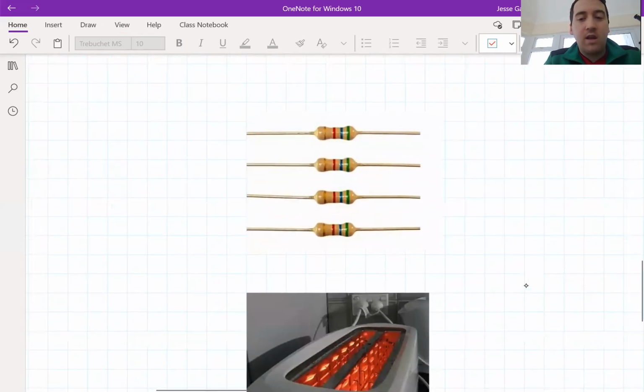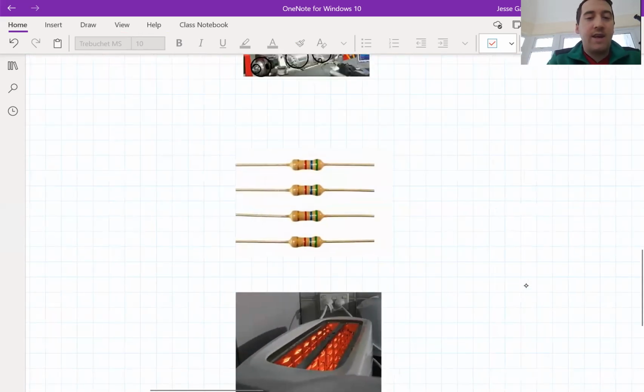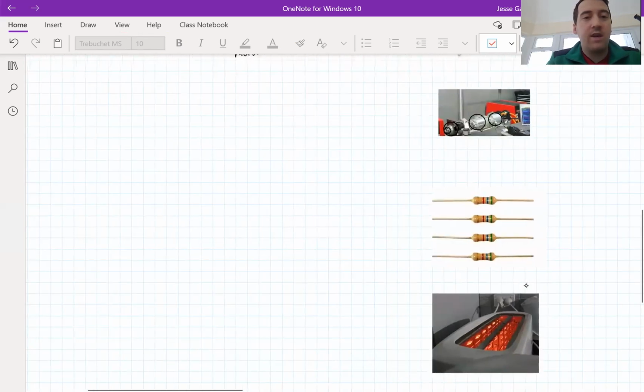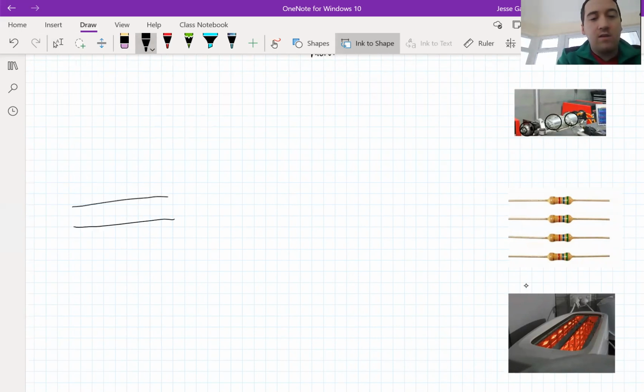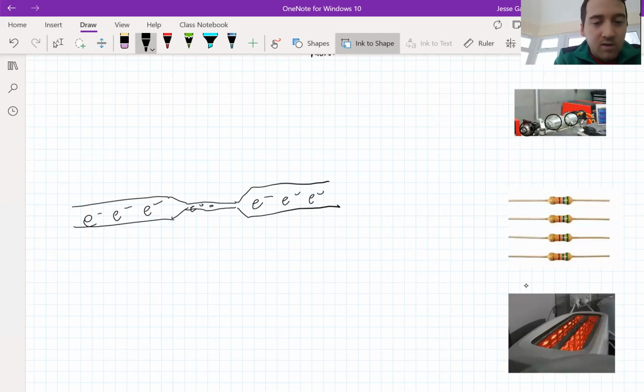Next one here we're going to look at is a resistor. Okay, so how does a resistor transfer heat? Well, same scheme again. You have your coulombs of electrons moving in the wire. They encounter your device, which is a resistor, and they have to squeeze through the resistor, if you like.